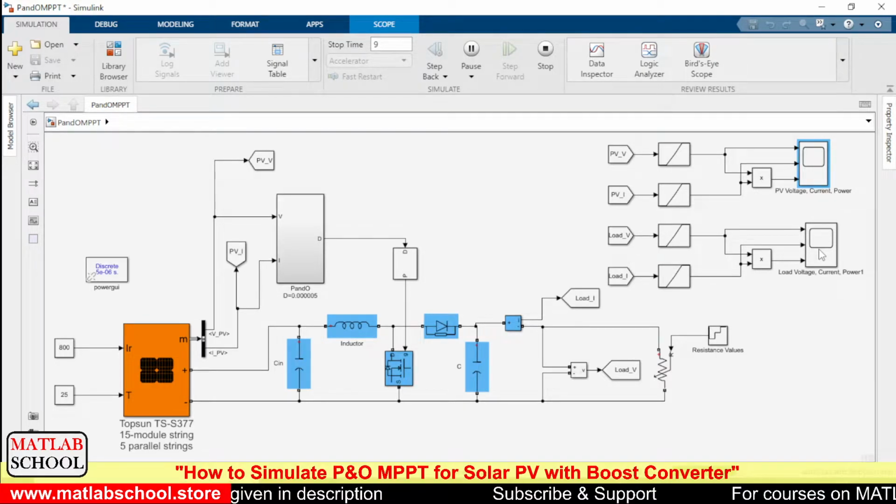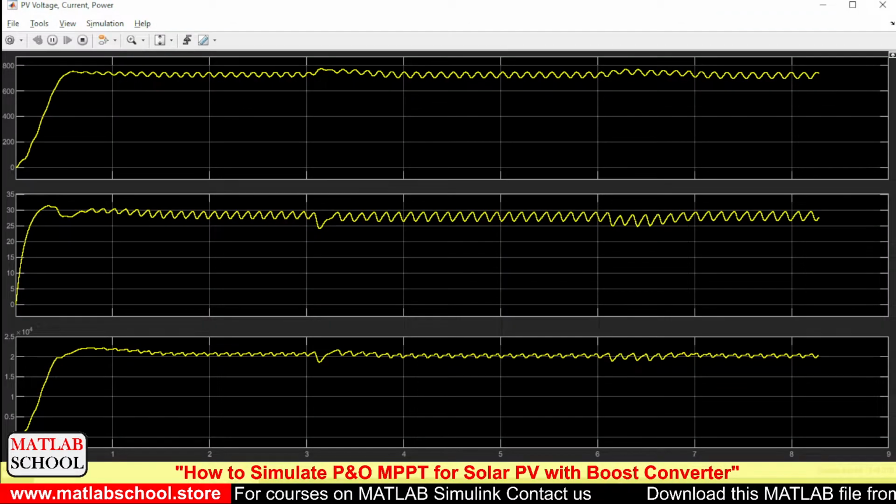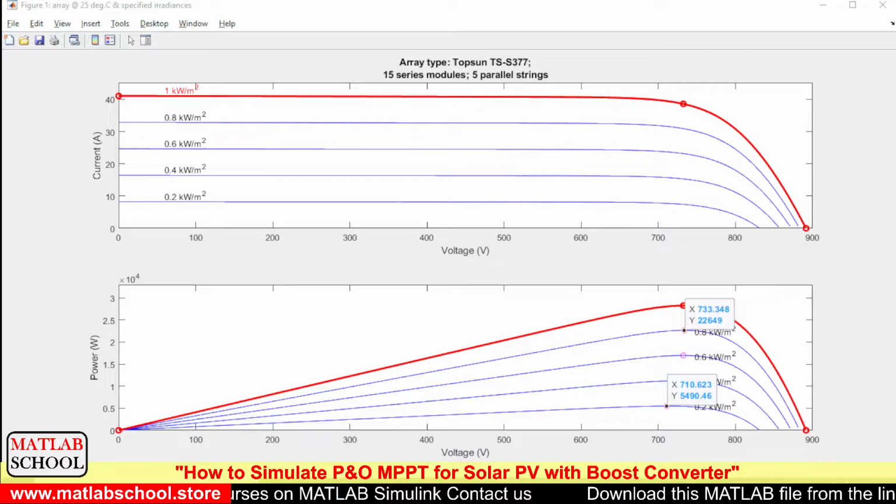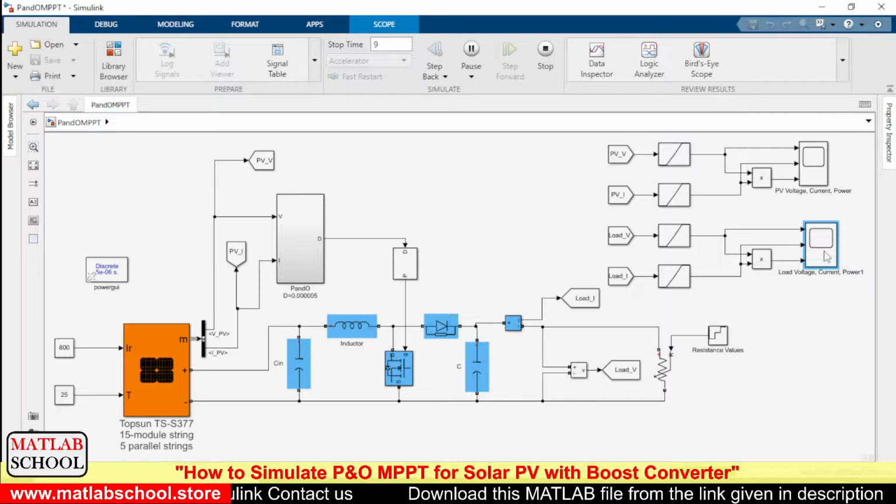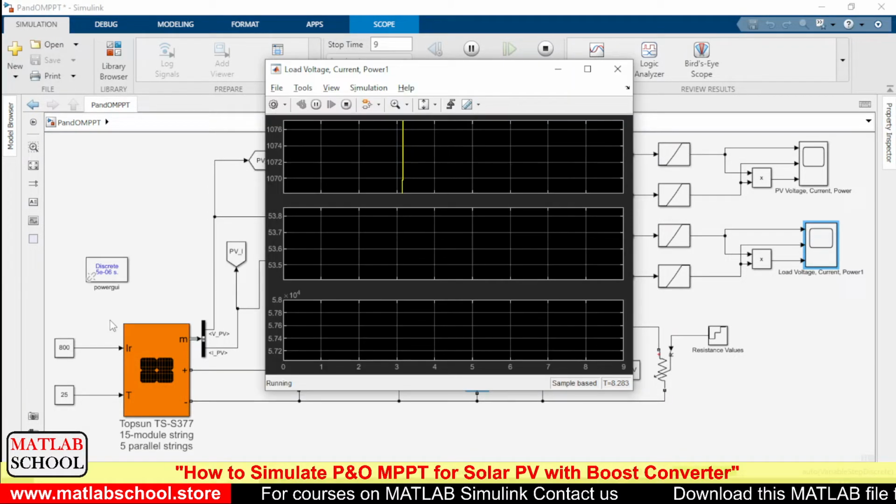Let us see the load current. With the implementation of this MPPT, you can see the current, voltage and power getting transferred to the load.